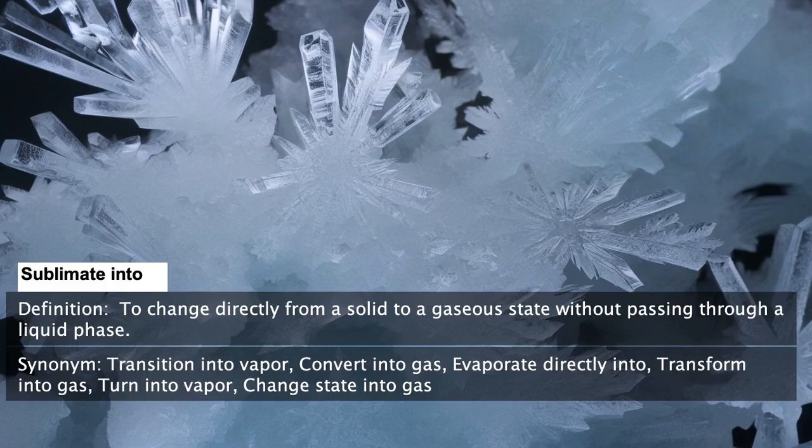Sublimate into. To change directly from a solid to a gaseous state without passing through a liquid phase. Synonyms for sublimate into: transition into vapor, convert into gas, evaporate directly into, transform into gas, turn into vapor, change state into gas.